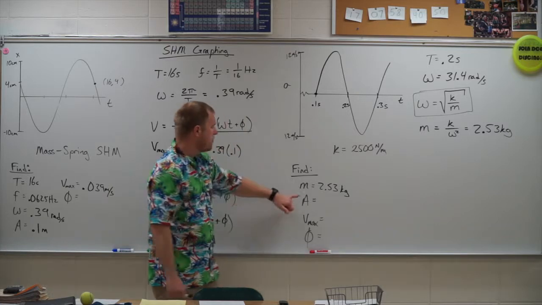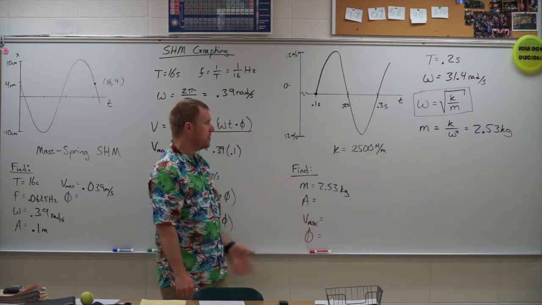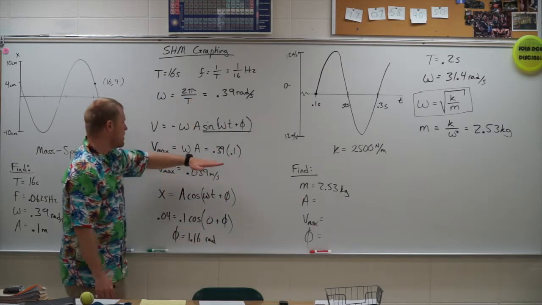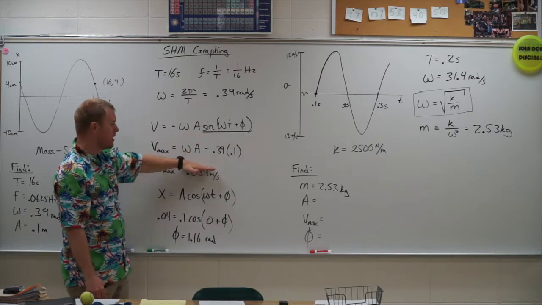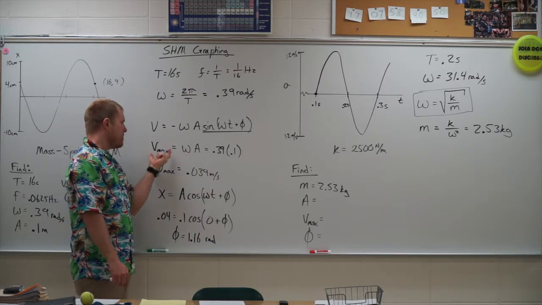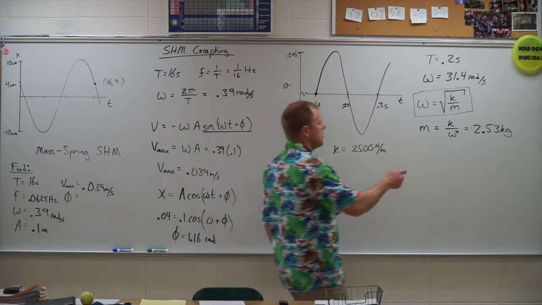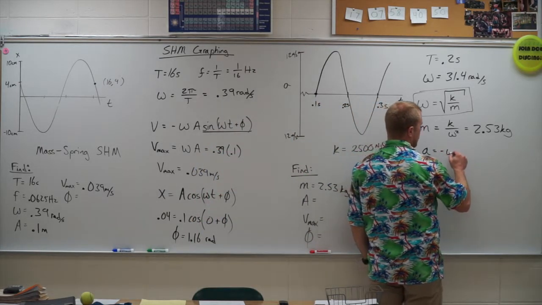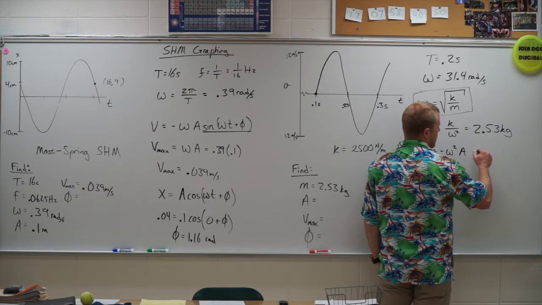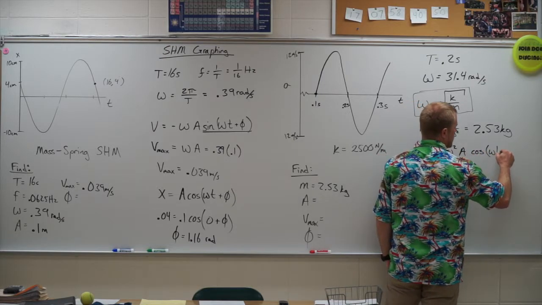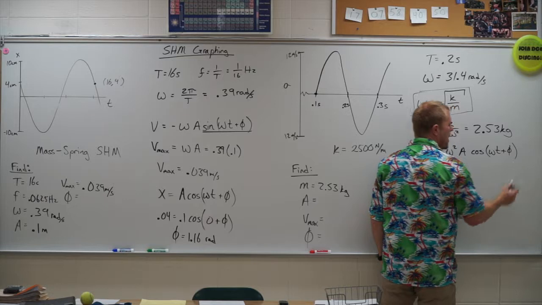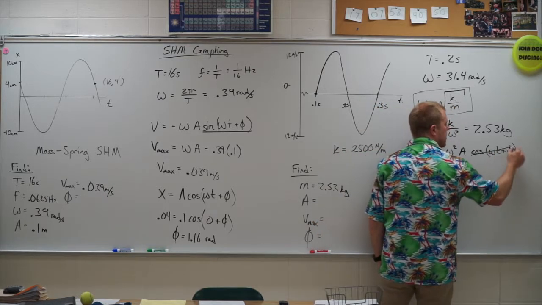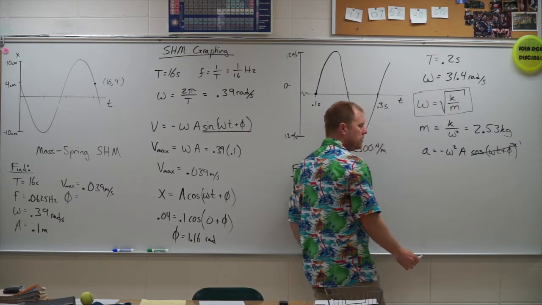Next, I need to find the amplitude. Thinking about what we did over here with the maximum velocity, if I can find a maximum acceleration, I think about my acceleration function, which is negative omega squared A cosine of omega t plus phi. This is a maximum when the cosine function is 1.